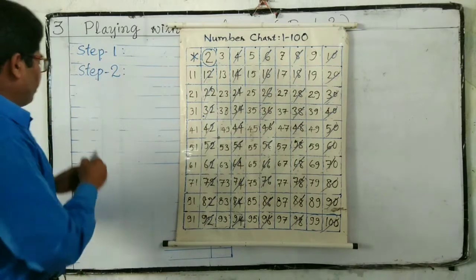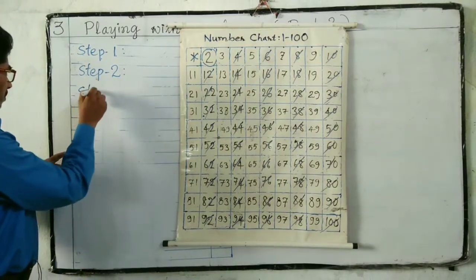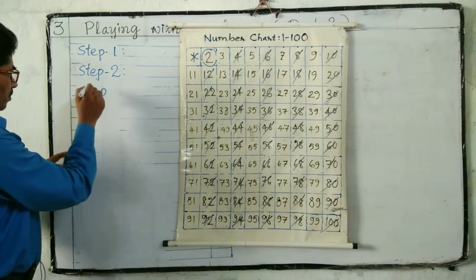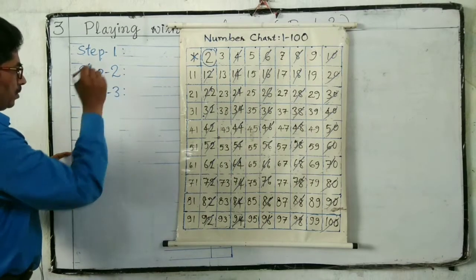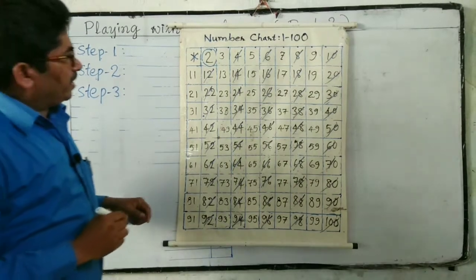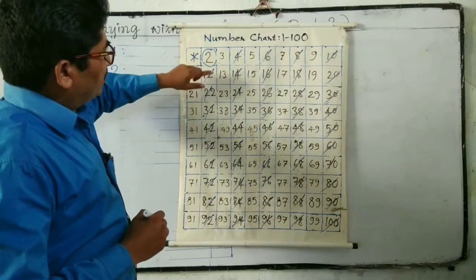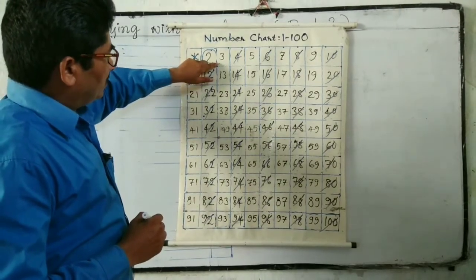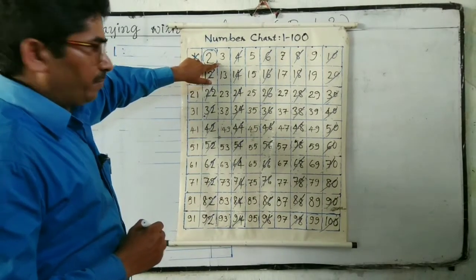Step 3. You will find out that the next uncrossed number is 3.